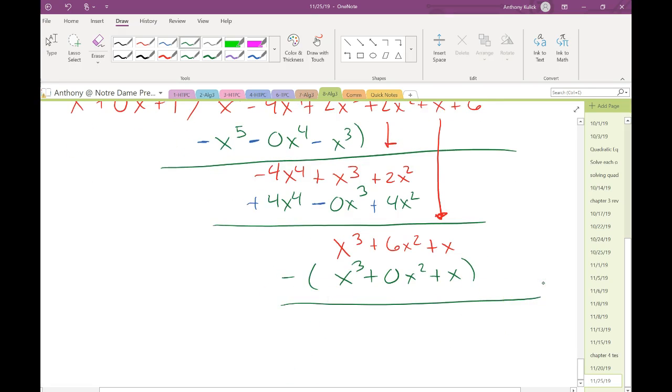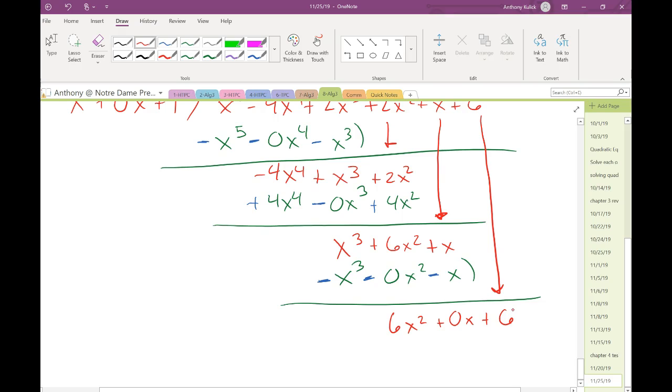And I subtract down. Got to make sure I distribute that negative. So negative, negative, negative. So I'm left with 6x squared plus 0x. And then I'll bring down that plus 6.